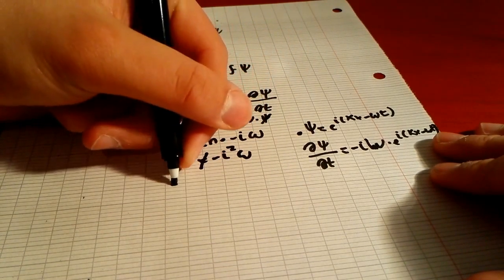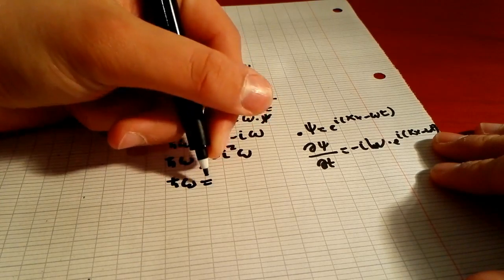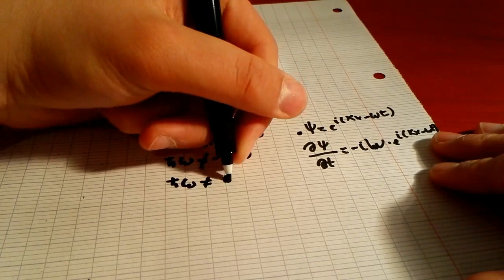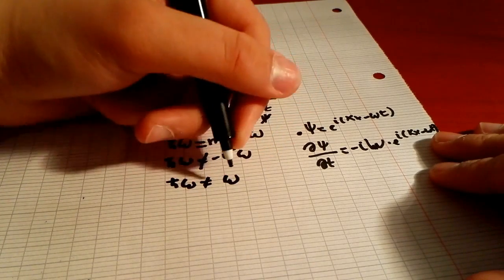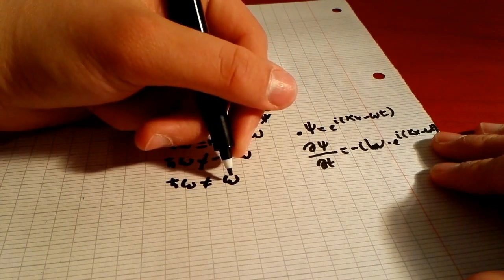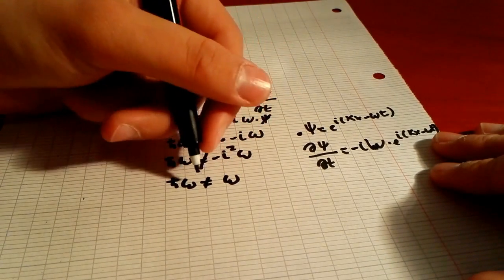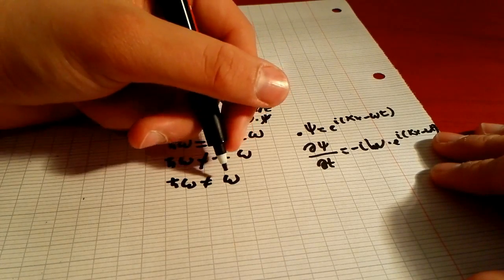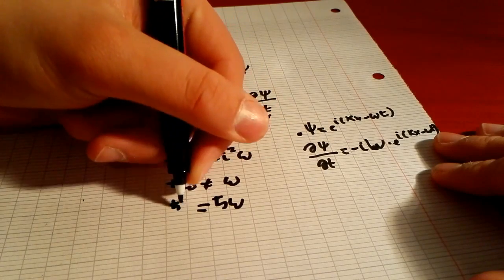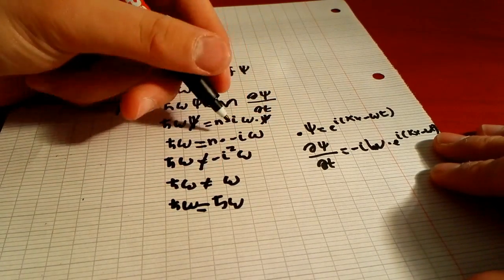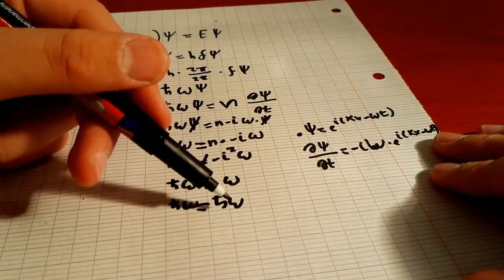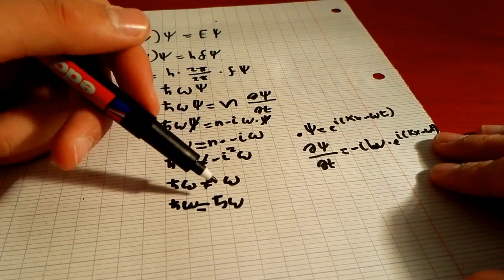It is not, because that would mean that i squared, so omega. So now, what do you have to multiply by omega to get h bar omega? If you multiplied by h bar, it would be equal. So first of all, we multiplied it by minus i, and then we multiplied it by omega, by h bar.